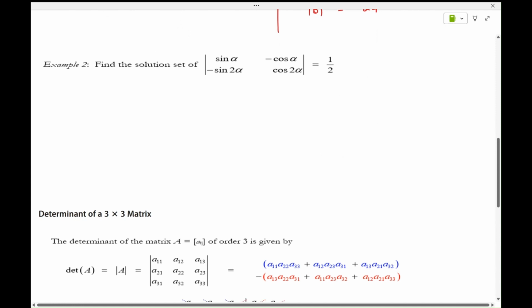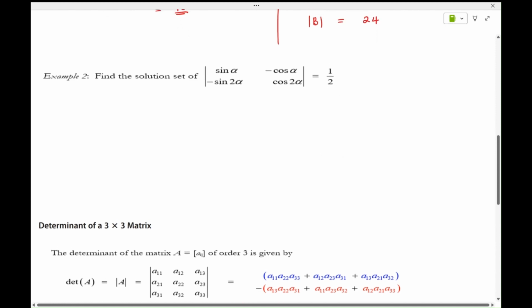All right. Then for example 2, we want to find the solution set. Here, please take note, you can see that this is just like the absolute value sign, right? So it's not a matrix, it's already a determinant. So here we are told that the determinant of this 2 by 2 matrix is half. So we want to find the solution set, which is like finding the variable, which is alpha, right? Since this is a 2 by 2 matrix and this is already the determinant, how do we find the determinant?